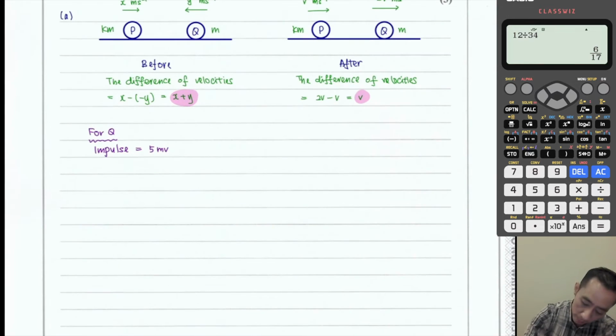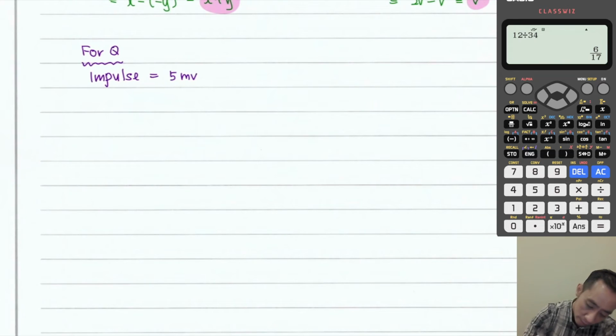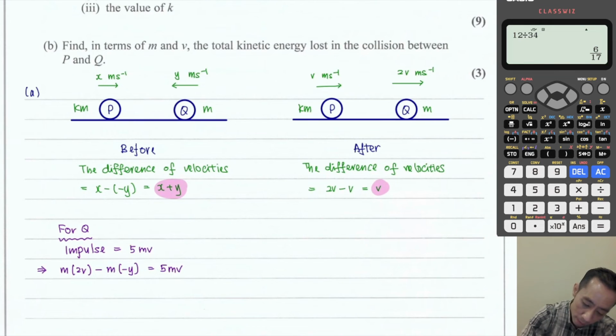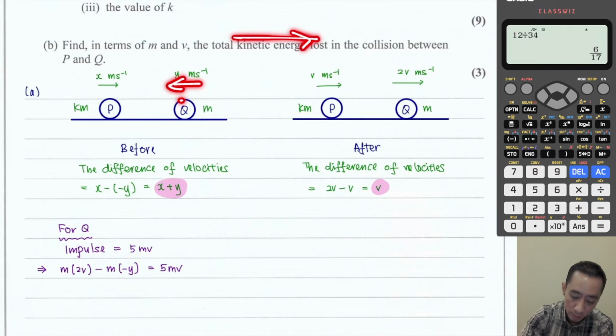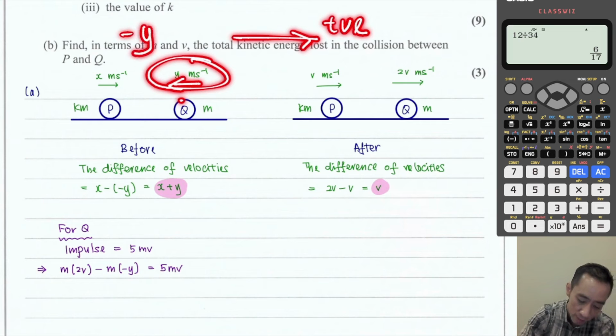So for Q, the impulse is m times 2v minus m times negative y equals 5 mv. The reason for negative y is that y is in the opposite direction. We assume that this direction is positive here, so the velocity is negative y.